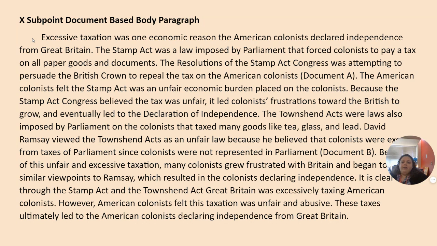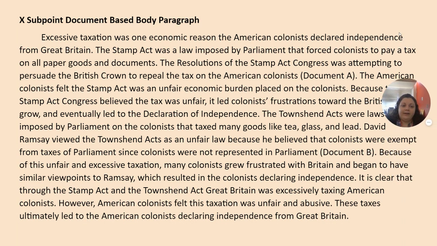Well, the American colonists felt that the Stamp Act was an unfair economic burden placed on the colonists. Because the Stamp Act Congress believed the tax was unfair, it led colonists' frustrations toward the British to grow and eventually led to the Declaration of Independence. So we're connecting how the Stamp Act Congress, that purpose of it, pushed colonists to also feel the desire to then lead to the Declaration of Independence.